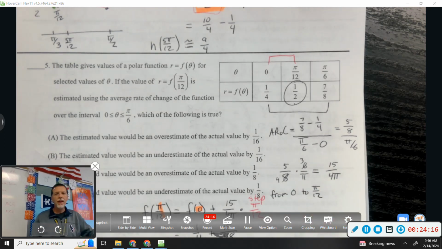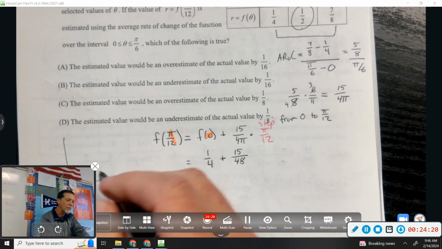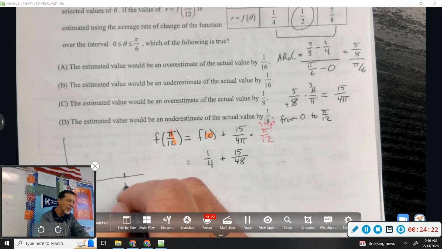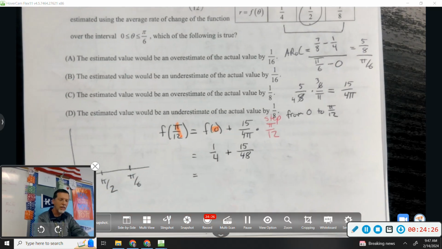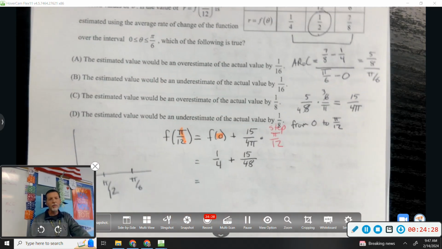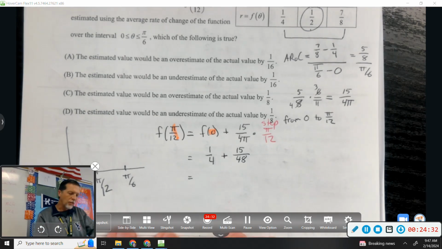Again, even though it's not a rectangular graph, it might be easier to lay out the XY thing and plot and graph it out if you're more visual.